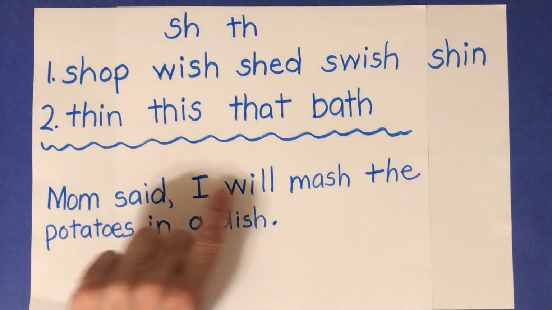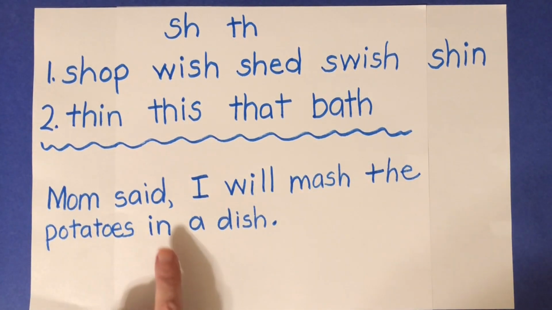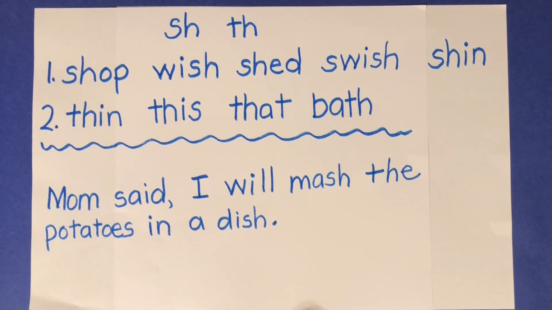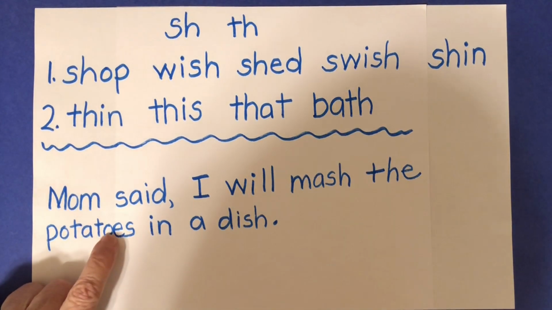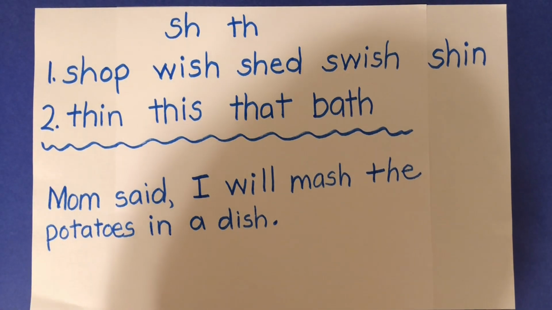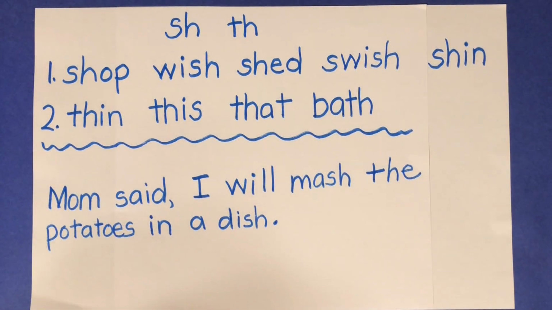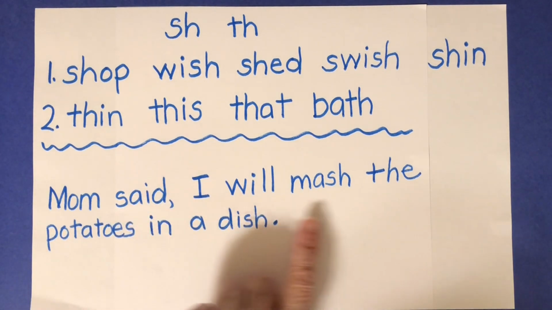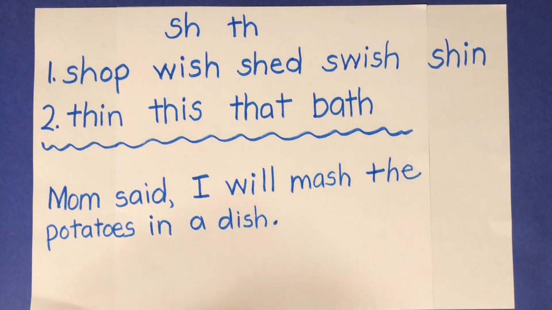Mom said, I will mash the potatoes in a dish. My O and E are touching there and they shouldn't be. I'm sorry about that. They got a little too close. Maybe they want to be friends. Mom said, I will mash the potatoes in a dish. Can you figure out which marks I left out?